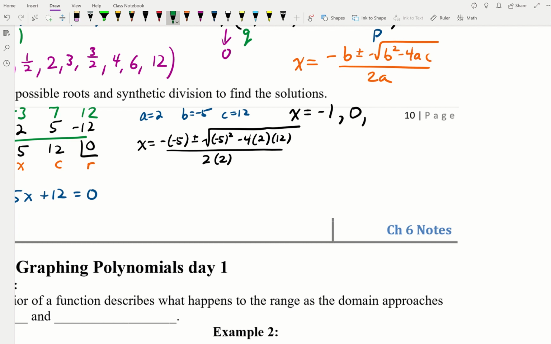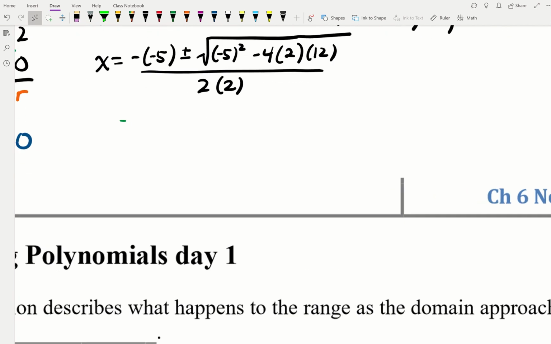At this point, we need to simplify this down. So -5 becomes +5 plus or minus the square root of -5 squared is +25. A negative times a positive is going to be a negative. 4 times 2 is 8. 8 times 12, that's 96, over 4.